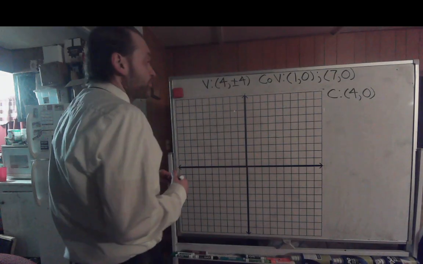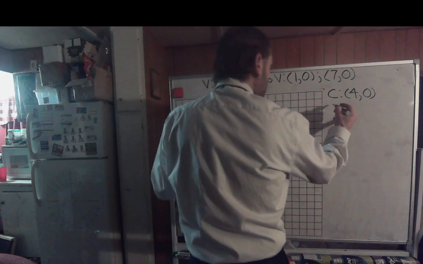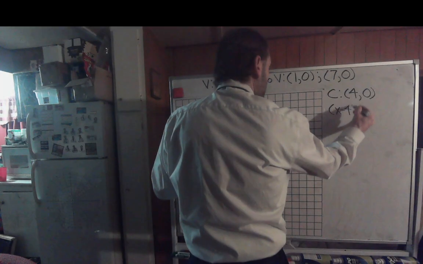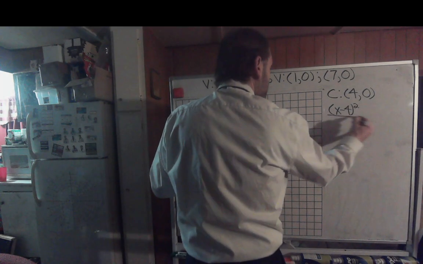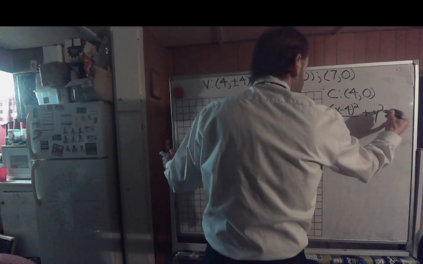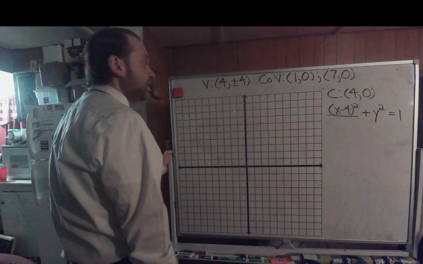Now, we know the center is (4, 0), so that's going to look like, for the start of the equation, (x minus 4) squared over some number plus, well, (y minus 0) squared, which in this case is just plus y squared, would equal 1 on the right-hand side.